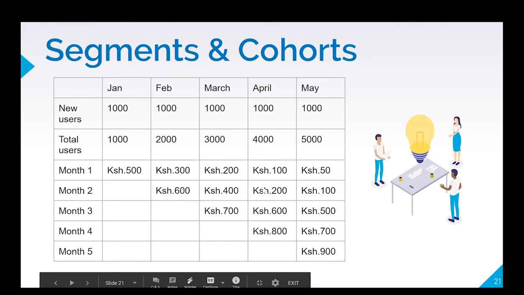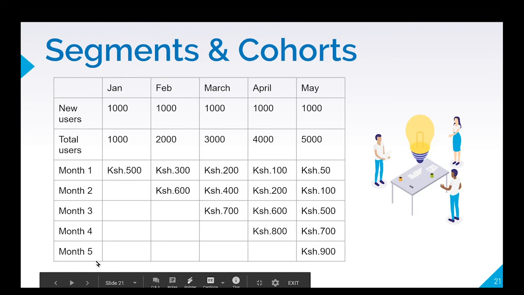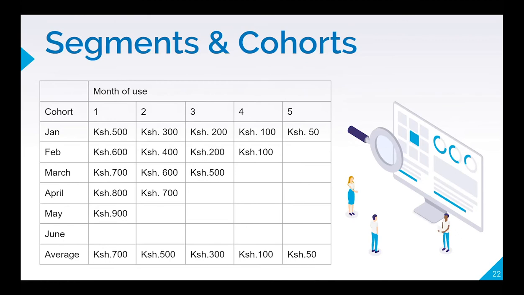Thanks, Peter. So this goes back again to segmenting and cohorts, and I hope you can see why it's important to break down your users by different groupings of interest. I'll show you another example where we line up the users now by user experience. This is the number of months of use, and then let's see what interesting insights we can see from here.